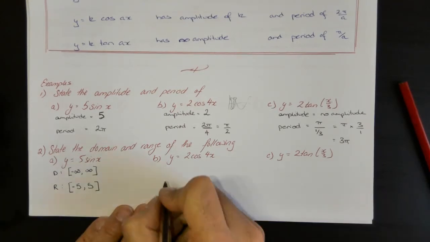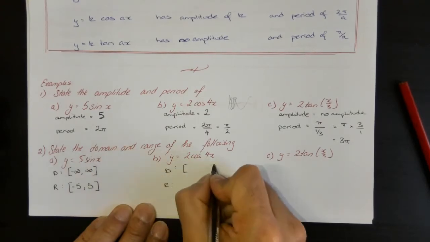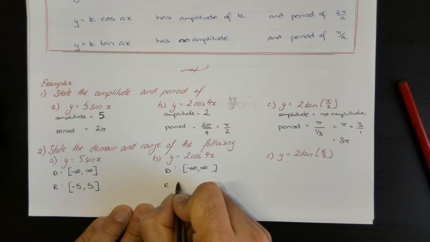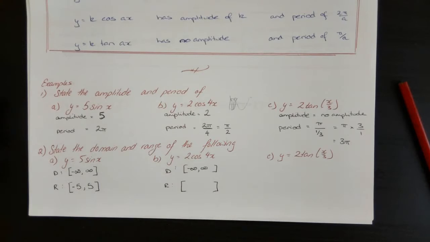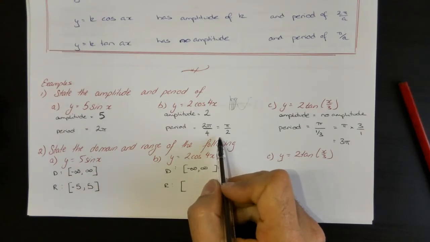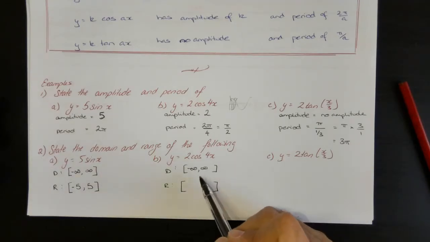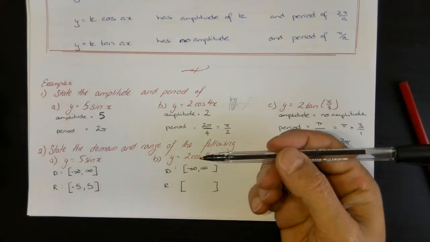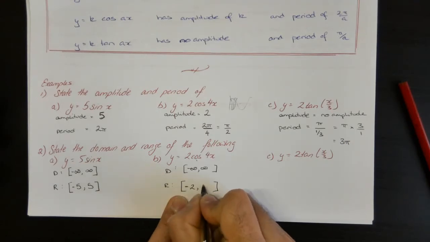Let's do it for this one. Cos normally goes from -infinity to infinity, so the domain does not change. Even though the period has shrunk, it still continues, so the domain will still be -infinity to infinity. The range normally goes from -1 to 1. We've increased the amplitude by 2, so it should go from -2 to 2.